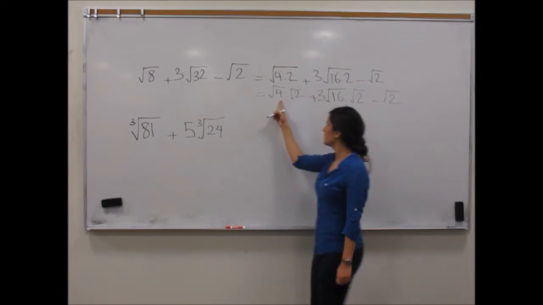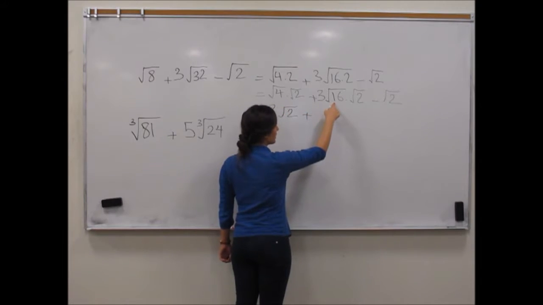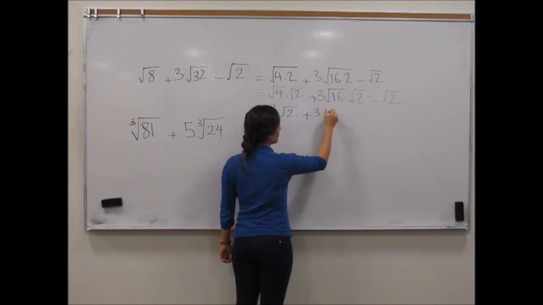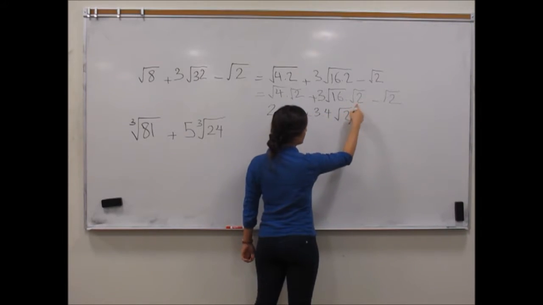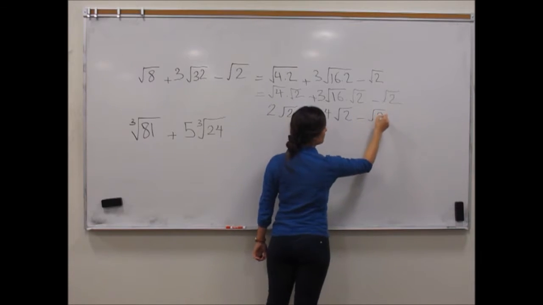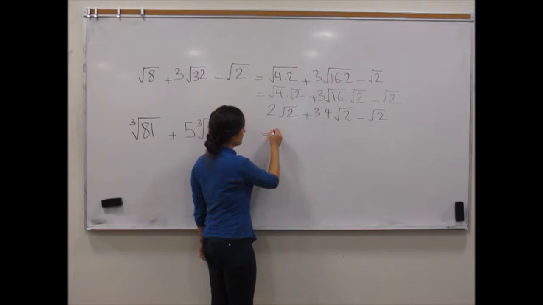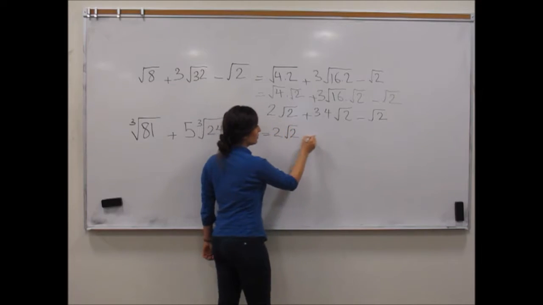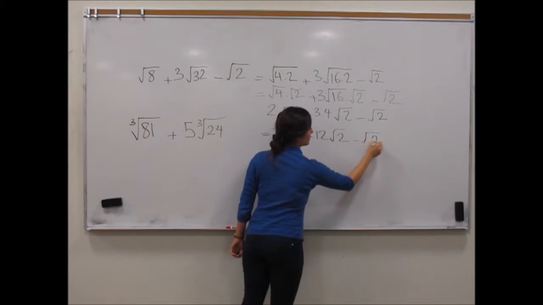And then this 4 would give me 2. So I have 2 rad 2 plus this 16 would give me 4. So 3 times 4 rad 2, this rad 2 minus rad 2. Again, I will have 2 rad 2 plus 12 rad 2 minus rad 2.